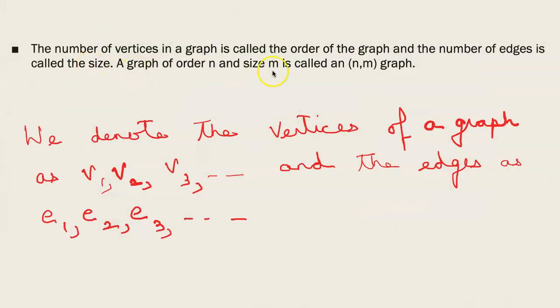The number of vertices in a graph is called the order of the graph and the number of edges is called the size. A graph of order n and size m is called an (n, m) graph. We denote the vertices of a graph as v1, v2, v3 and the edges as e1, e2, e3 and so on.